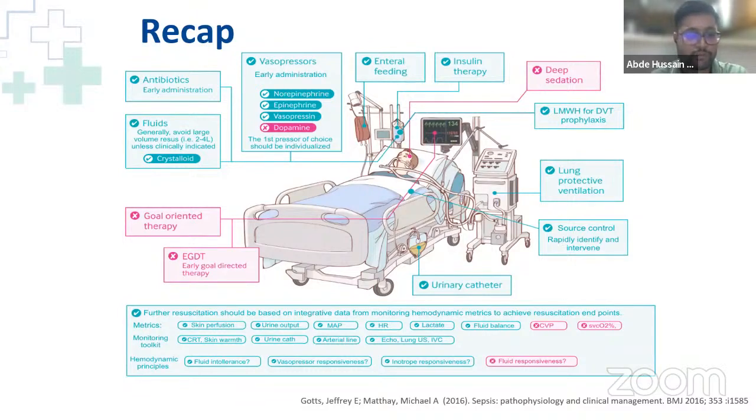And then all the further hemodynamic measurements along with this, to help our patient in sepsis.